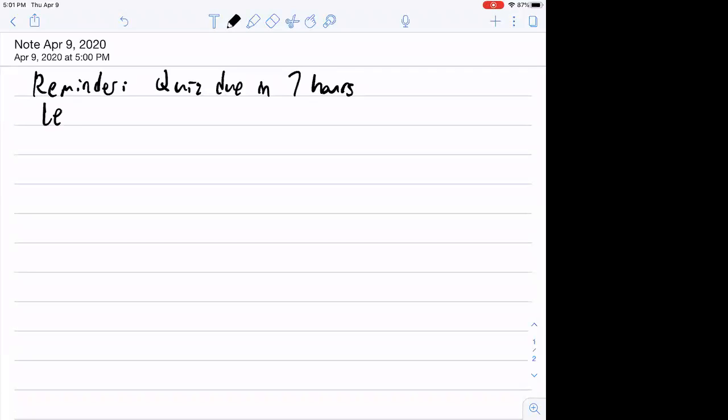So let S be a non-empty subset of R. So hopefully this is clear.